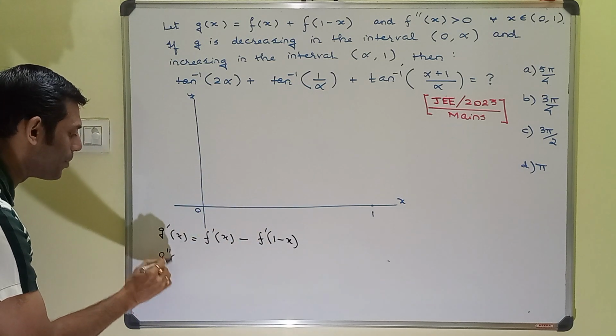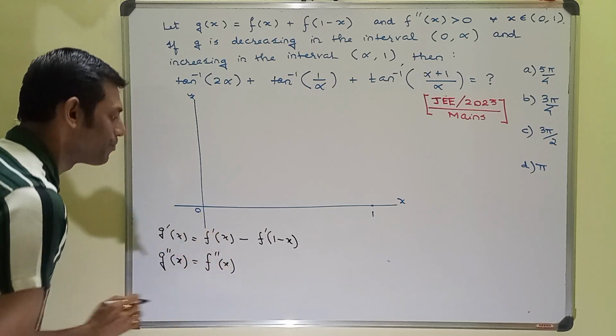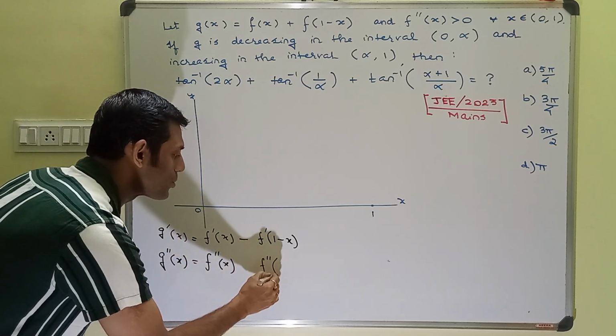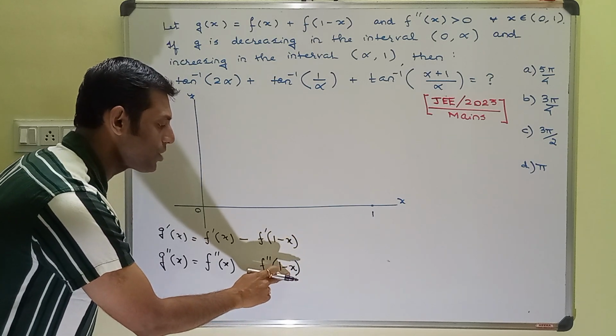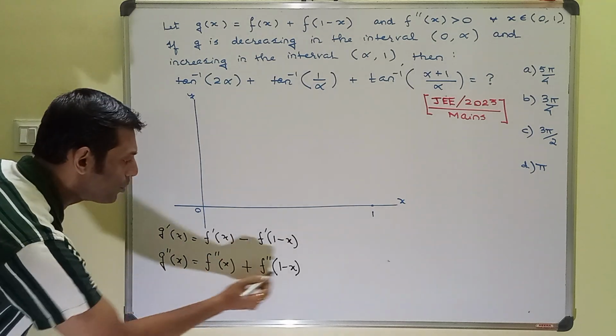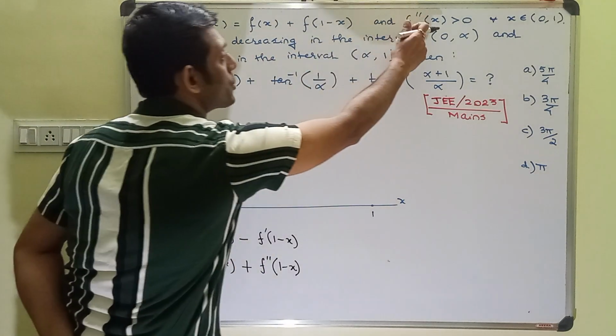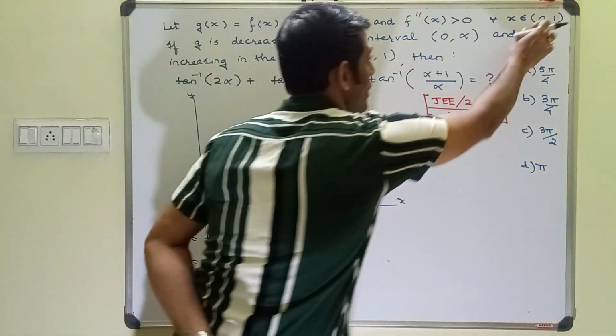And look at g double dash of x. It's equal to f double dash of x plus f double dash of 1 minus x, with the derivative of 1 minus x producing a minus 1 again, making it plus. Both being positive as stated in this question for any x greater than 0 and less than 1.